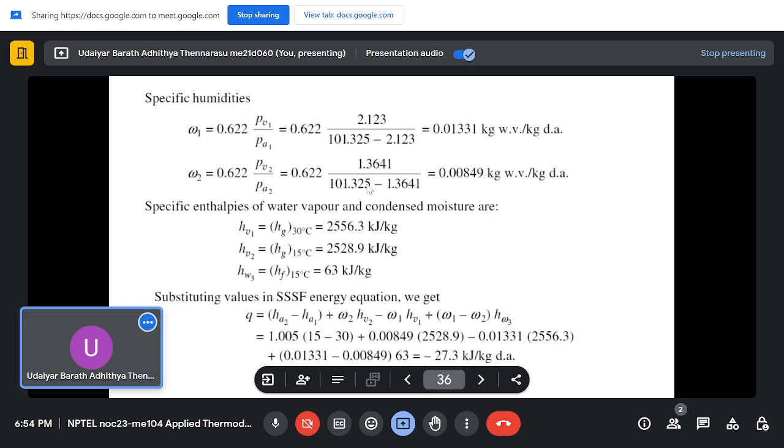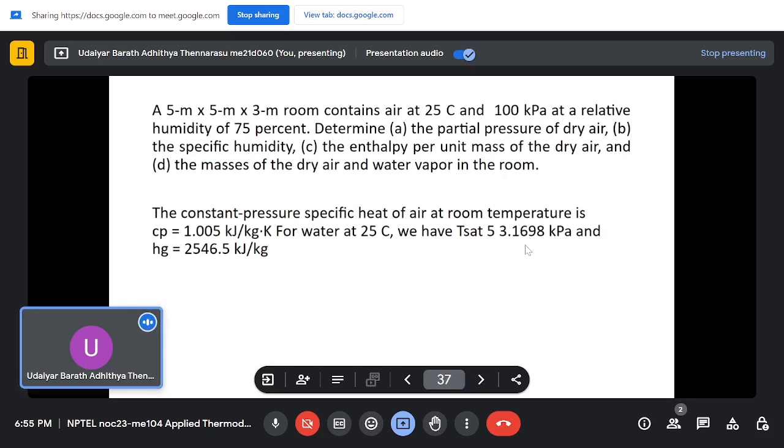So it will be a difference of this, which will be close to 0.0048. So the mass of water vapor removed is 0.0048 kg of water vapor per kg of dry air.